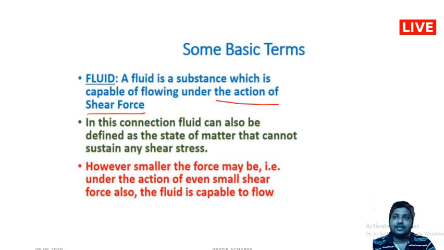As the fluid flows, a relative velocity exists between the layers, so a resistance is created by the layers, and that resistance is called shear resistance. A fluid is a substance which can flow under a very small shear stress.